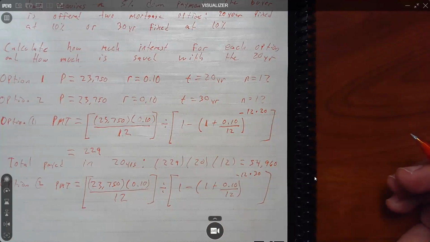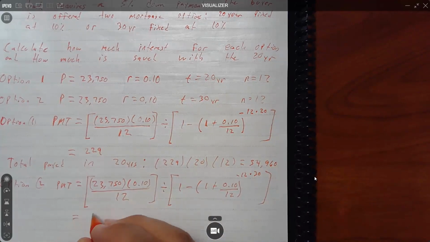So if you redo the last calculation, just change the 20 to 30. So that gives me 208.